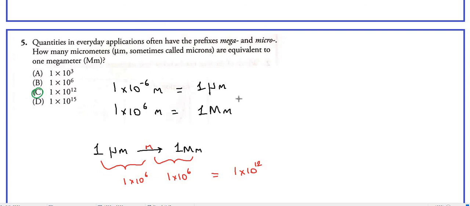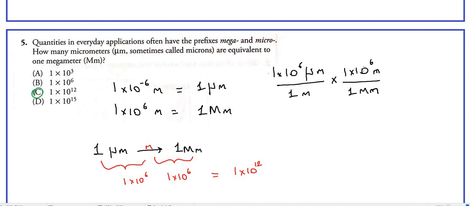You could also answer this question like this: 1 times 10 to the 6 micron over 1 meter, because we know that they are equal, times 1 times 10 to the 6 meter is equal to 1 megameter. We know that they are equal as well.